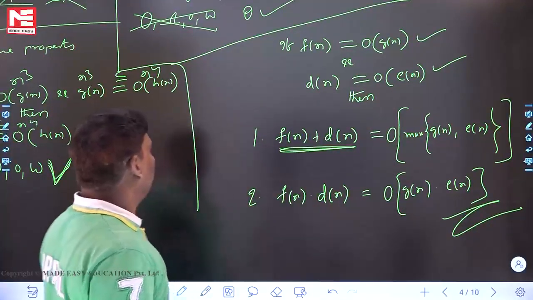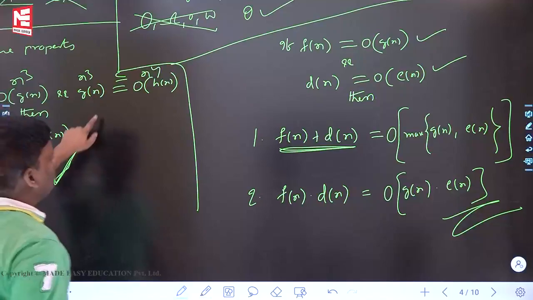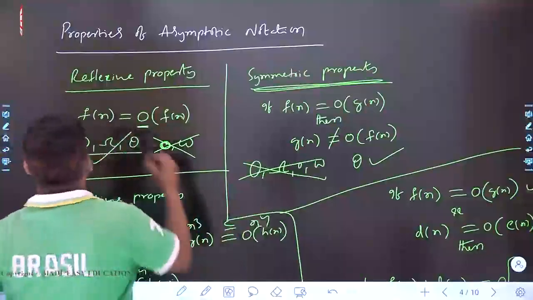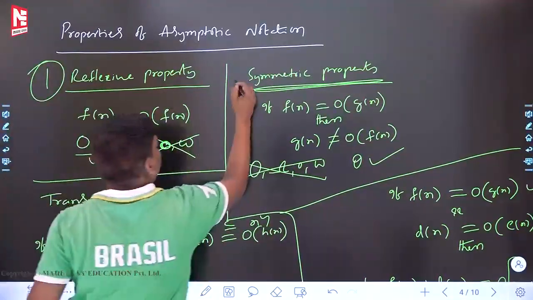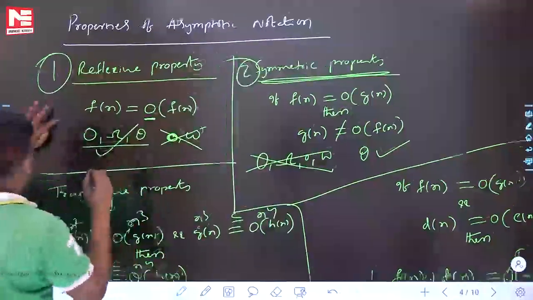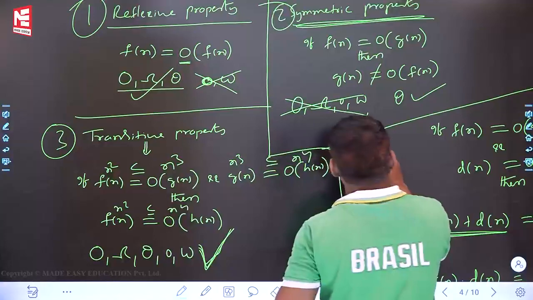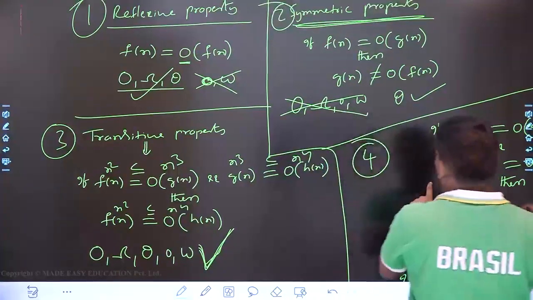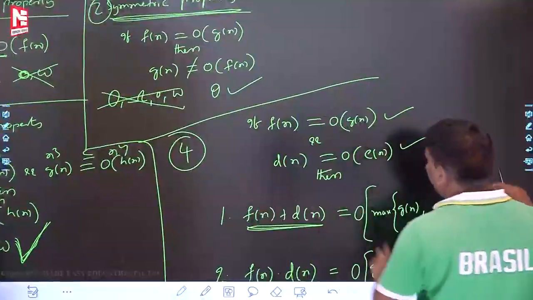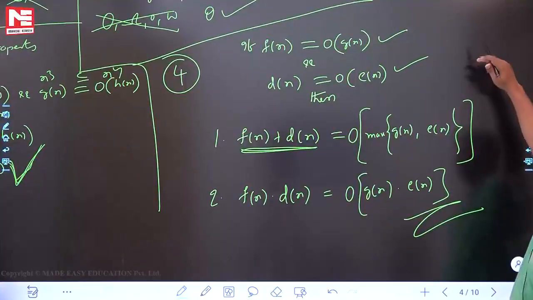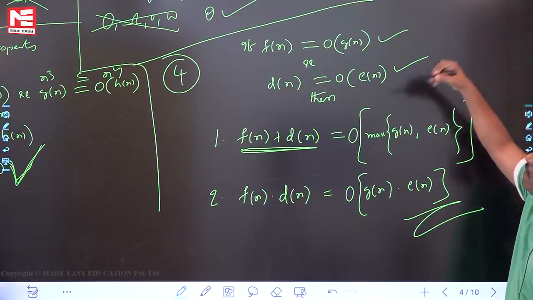Fine. So I think I have given you 4 points until now. See this one: reflexive property, symmetric property, transitive property. This last one has no name, but it is a nice one. Comparing f and g, g is bigger; comparing d and e, e is bigger.